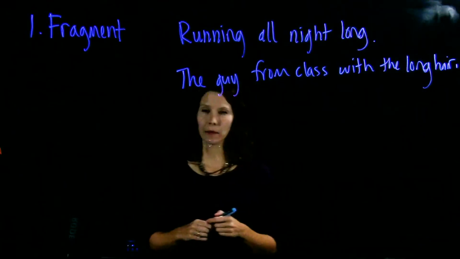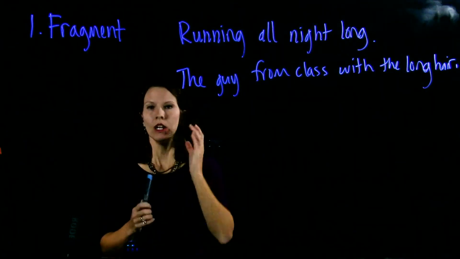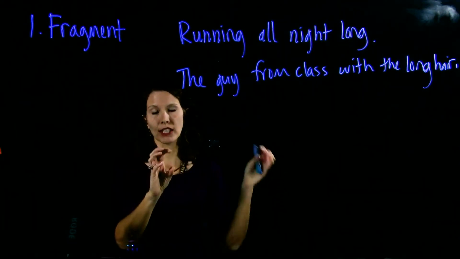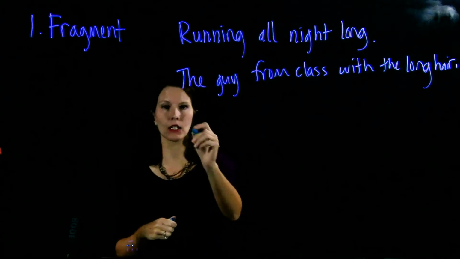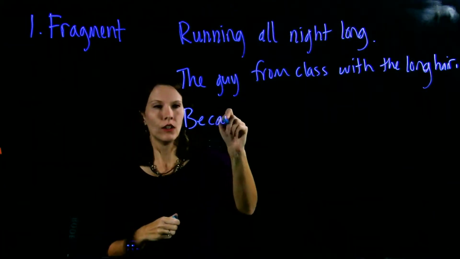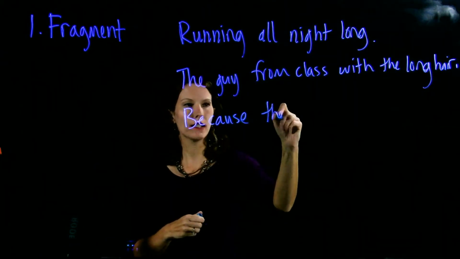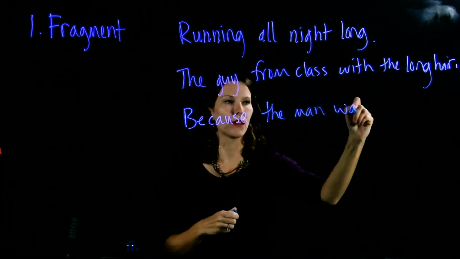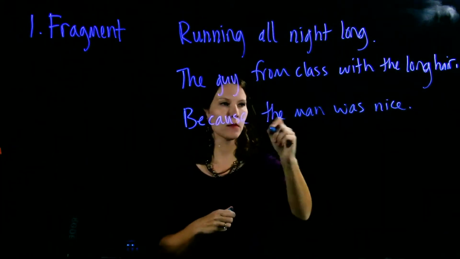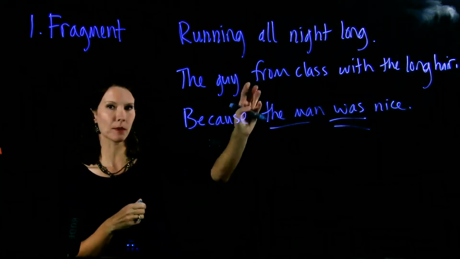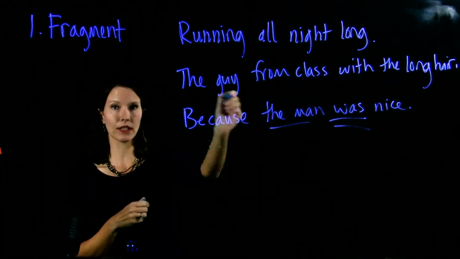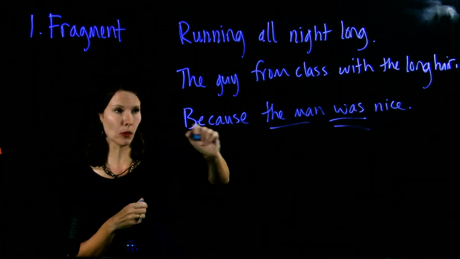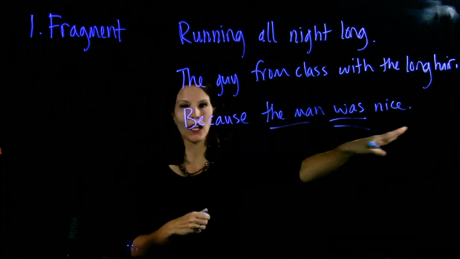Okay, I'm going to give you a third example now of a group of words that has a subject and a verb, so it seems like it's a complete sentence, but it's missing a complete thought. So if I have because the man was nice. Seems like it might be a complete sentence because it has the subject and it has the verb, but since it begins with this dependent word, this subordinating conjunction, that's not a complete thought.